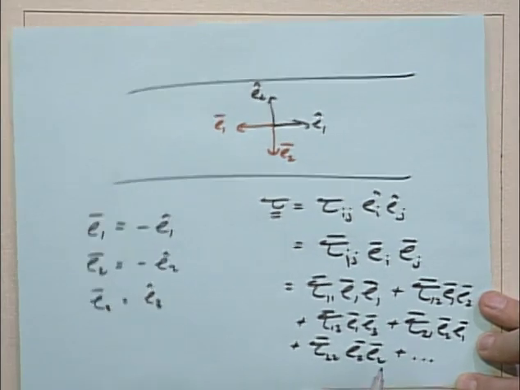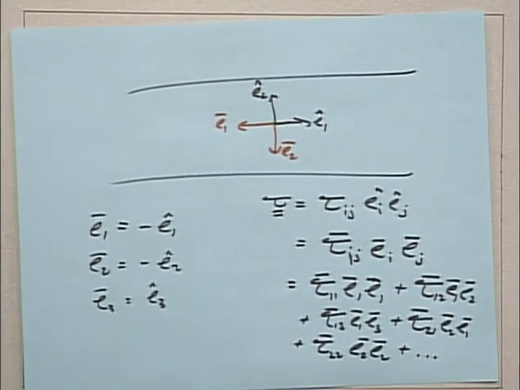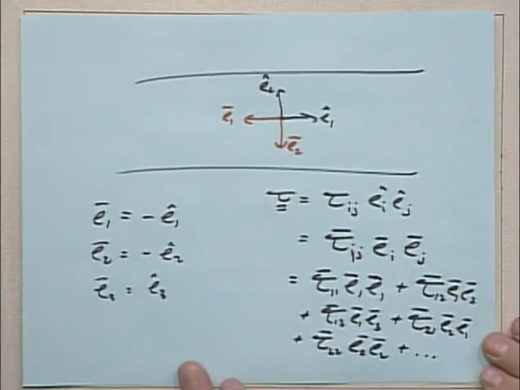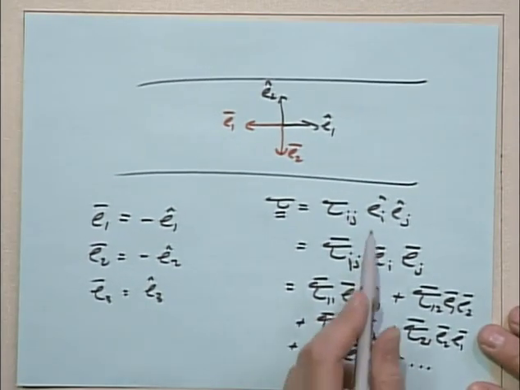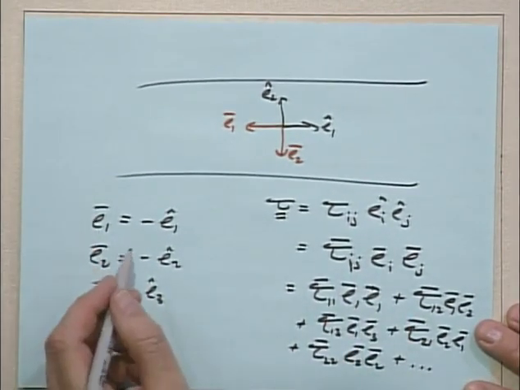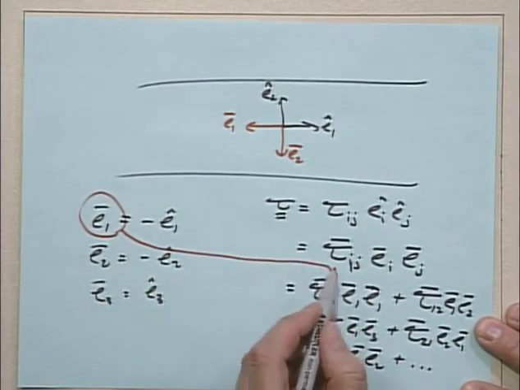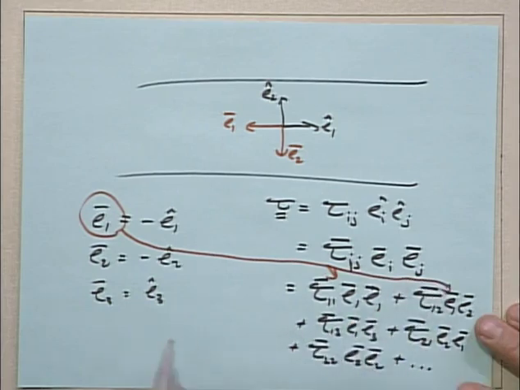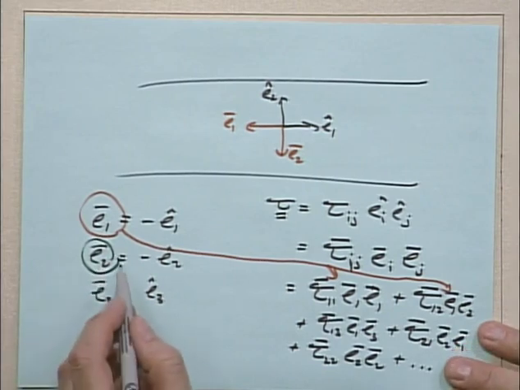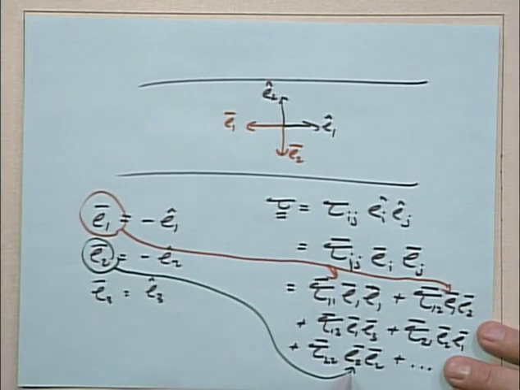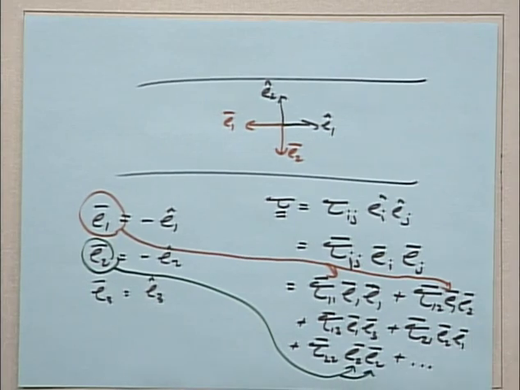There are 9 of these terms. I can relate this back to the hat coordinate system using these. Everywhere I see an E1 bar, I can put this. Everywhere I see an E2 bar, I can substitute this. Okay, you see what I'm doing? It's exactly how we did the homework problem. Can you see what's going to happen?